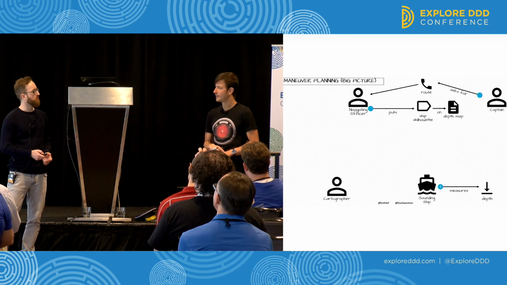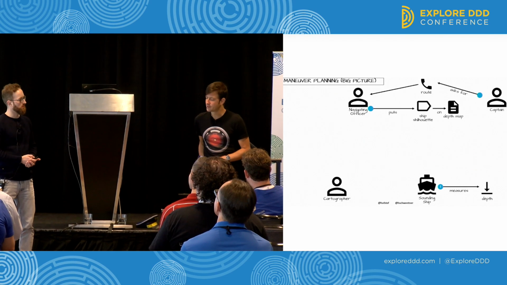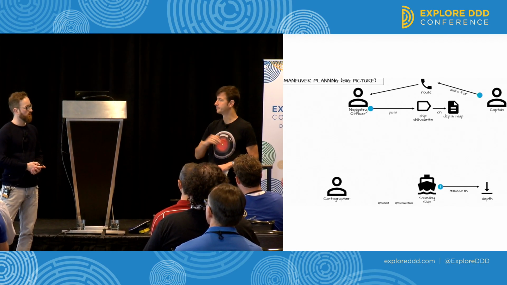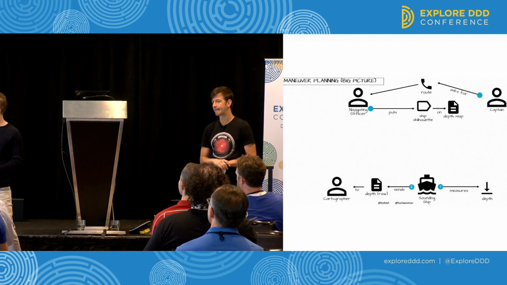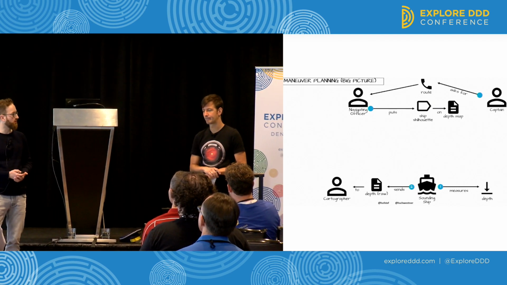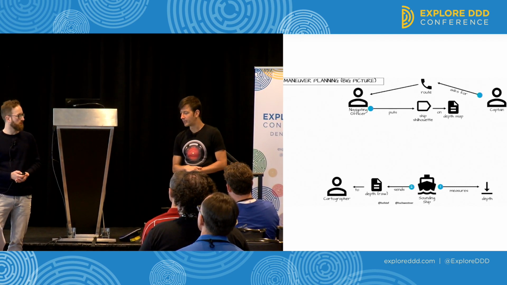What's happening next? After they measure the depth, they then send the depth in a raw form to me. Okay, so they send a raw depth to you, and since it's raw, I assume you do something with it? Yeah, that's right.